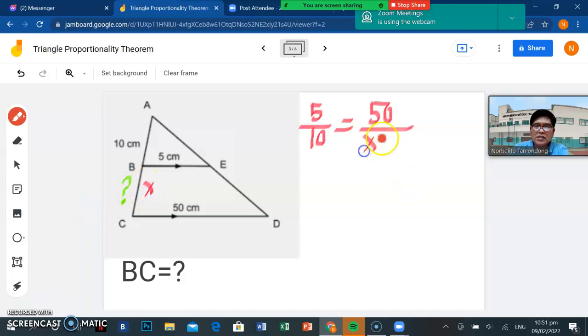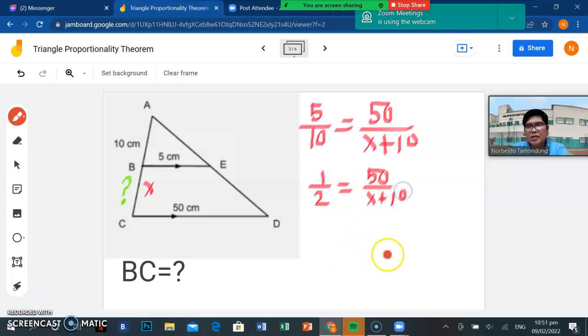So x plus 10. Okay, so you can reduce first the ratio here. Instead of 5 over 10, you can use 1 over 2, which is now equal to 50 over x plus 10. So the product of the means is equal to the product of the extremes.